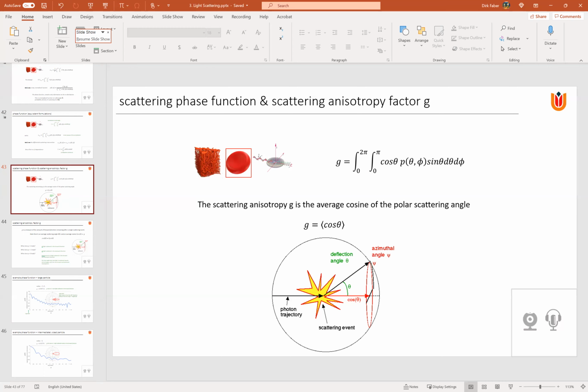If the polar scattering angle would be 180 degrees, then everything would be scattered back. Because of this spherical geometry, it is relative to the incident direction, and that means that this average of the cosine is actually a good measure of which way the light goes.